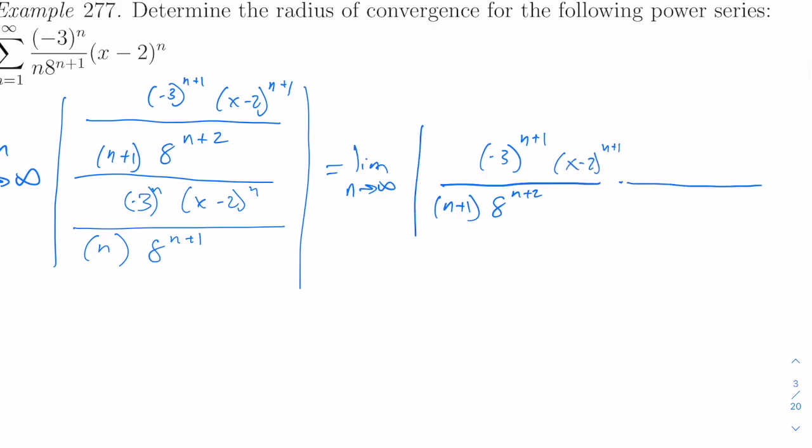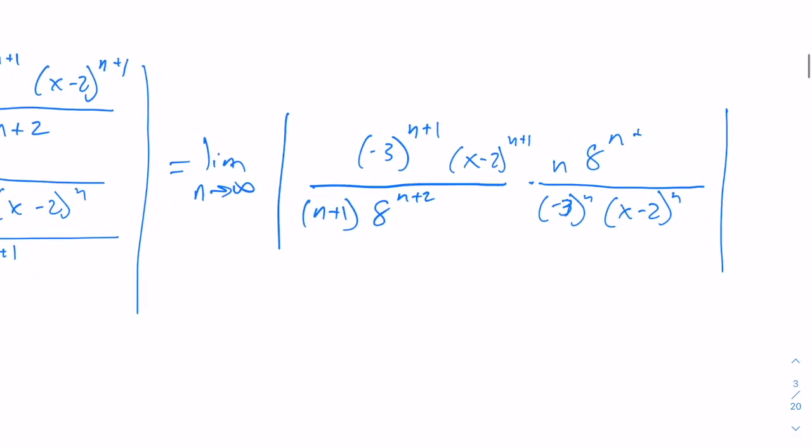And then you flip the bottom and multiply. So then I get n here, 8 to the n, negative 3 to the n, 3, x minus 2 to the n. A couple things all at once here. That's a plus 1. What am I left with? So those cancel with those, and let's use a different color here. Let's cancel in red. Those cancel with all of those.